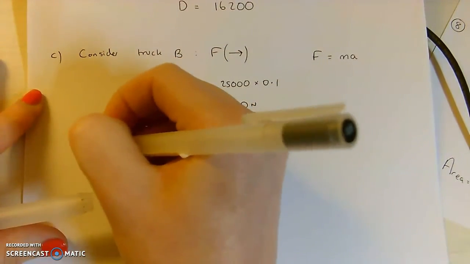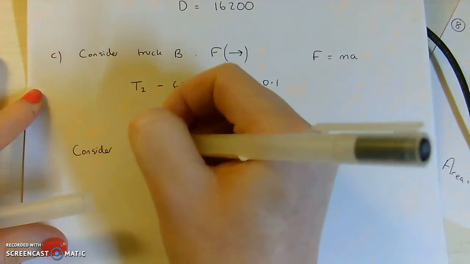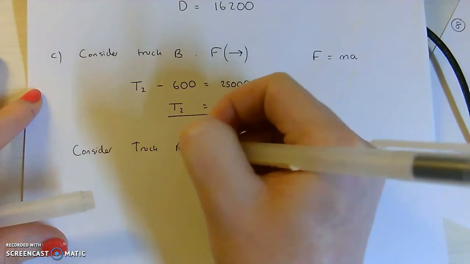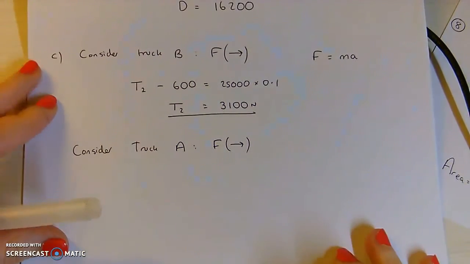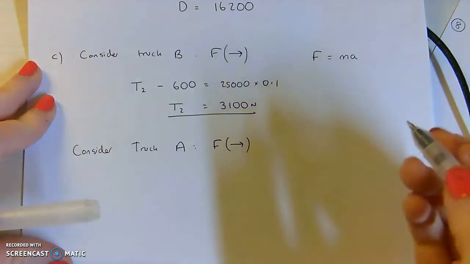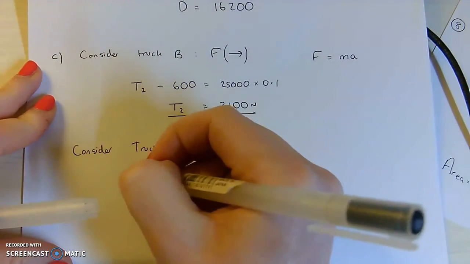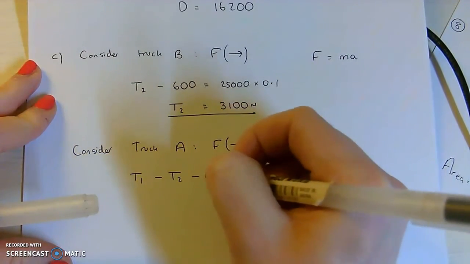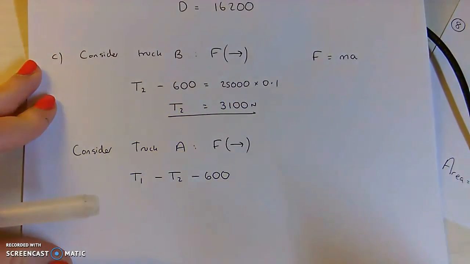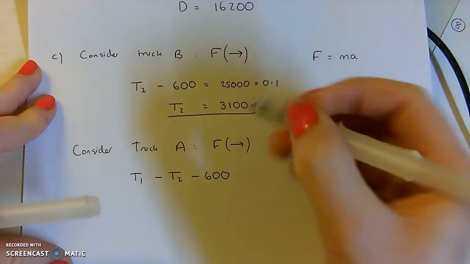I'm now going to consider truck A. I could have considered the engine, it's up to you. Again, I'm just going to clarify that I'm going in that positive direction again. And if we do F equals ma, I've got T1 now is positive. Take away T2, take away 600. Make sure that you don't just forget the resistance, just because we've got other stuff going on.